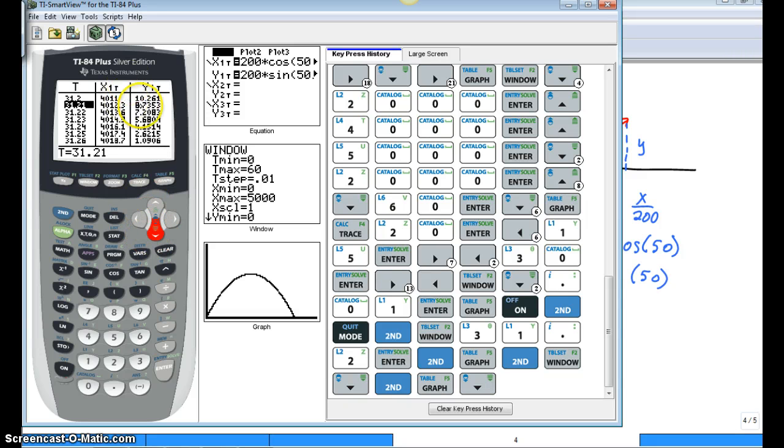Now notice, at 31.2 seconds we were 10 feet above the ground. 21, 22, 23, we're still above ground. So between 31.26 and 31.27 is where we hit the ground. That tells me then that somewhere between 4018 and 4020, as far as distance from the origin, 4019 was our distance.